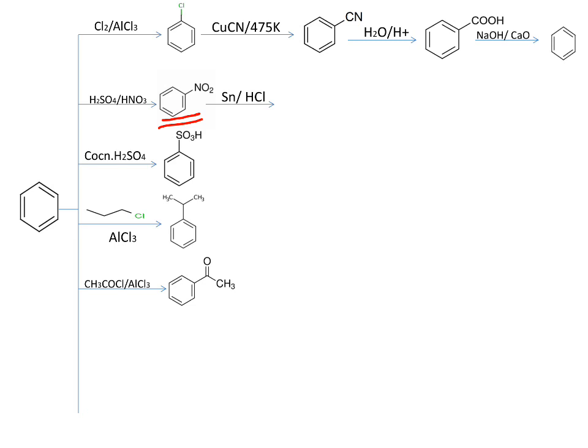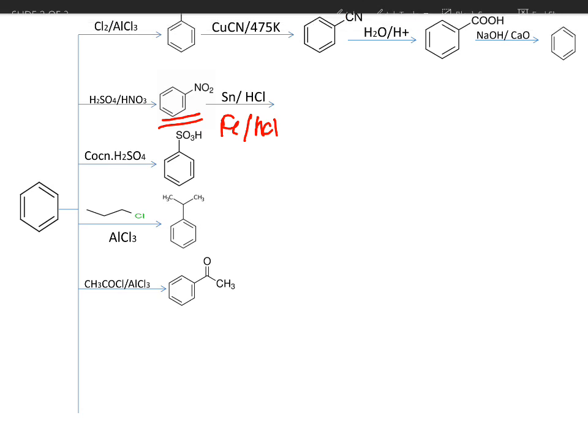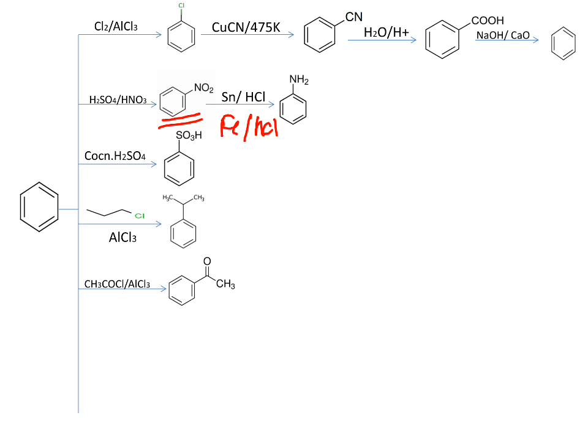It is used for converting nitroalkane or nitroarene into primary amines. Even you can use here Fe/HCl. By using Sn/HCl or Fe/HCl, nitro NO2 will get converted into NH2. So the product formed here will be aniline.